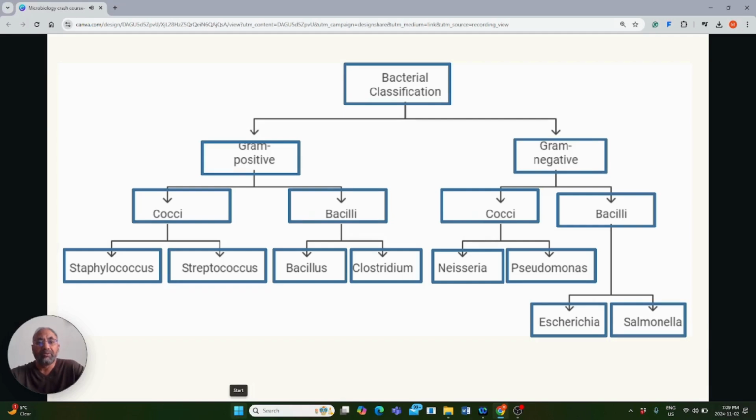In gram-negative cocci, the examples are Neisseria and Pseudomonas. Among the gram-negative bacilli, we have a long list, of which the most important and most common is Escherichia coli. The second one is Salmonella, which causes typhoid.